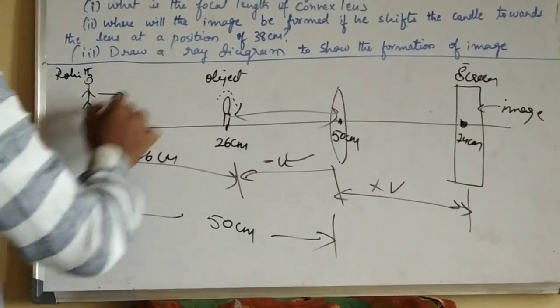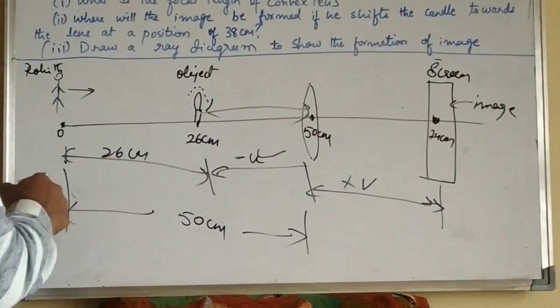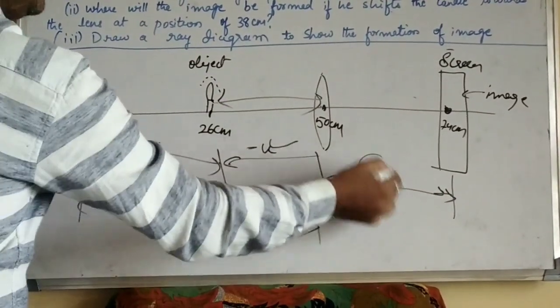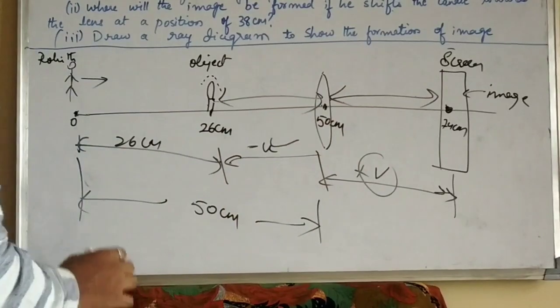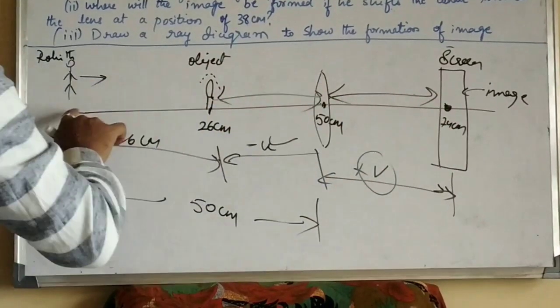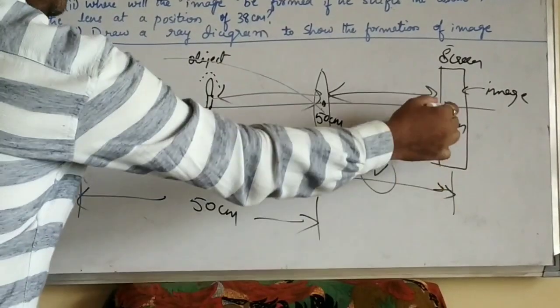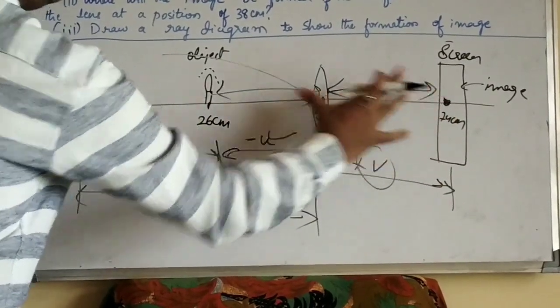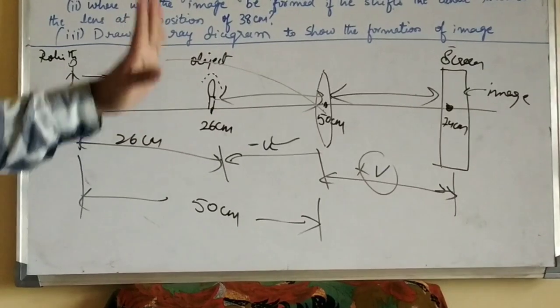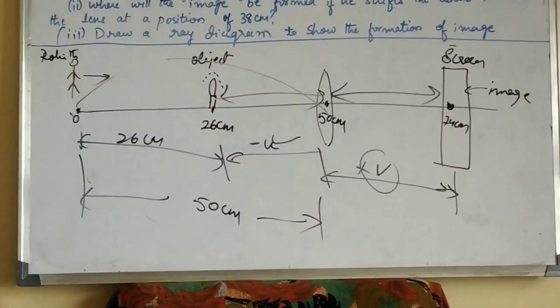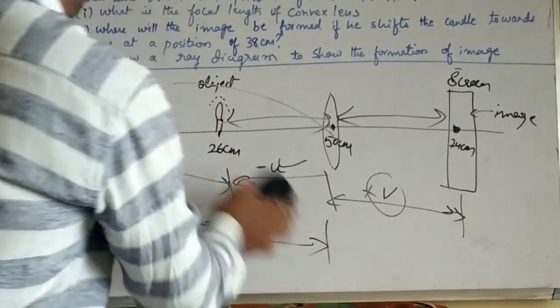Similarly, 0 to 74 minus 0 to 50 will give you the image distance. 74 minus 50 will give you the image distance. So you should have this diagram in your mind, or draw it roughly, and then proceed with the problem.